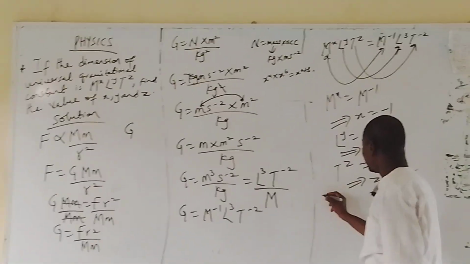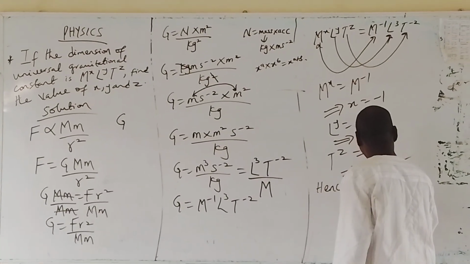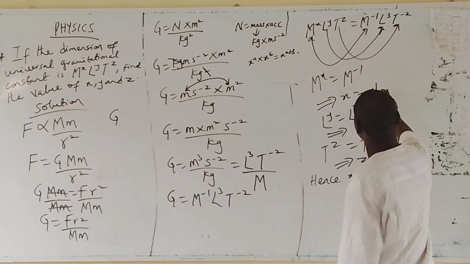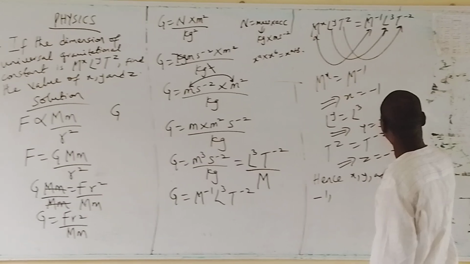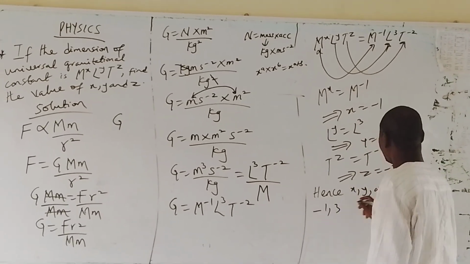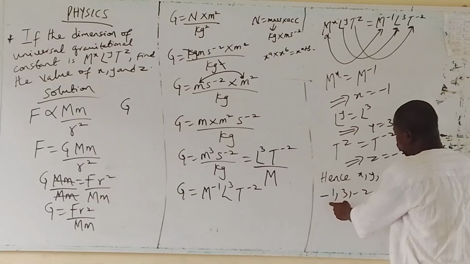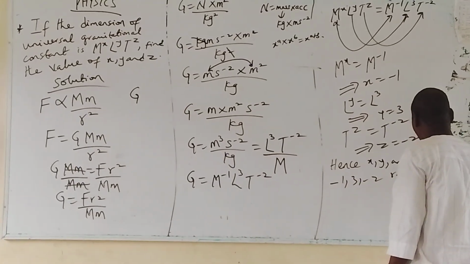Hence, what is the value of x? That is minus 1. What is the value of y? 3. And what is the value of z? Minus 2. So hence, x, y, and z are minus 1, 3, and minus 2 respectively.